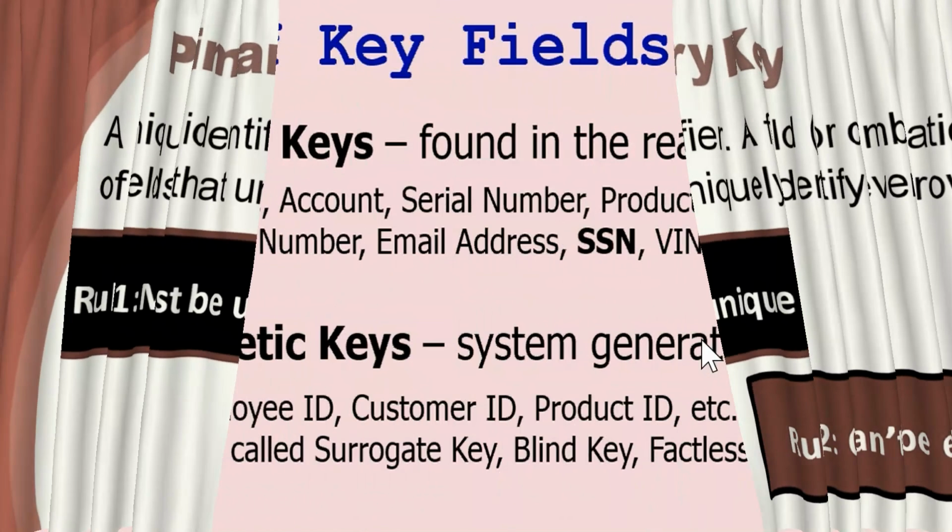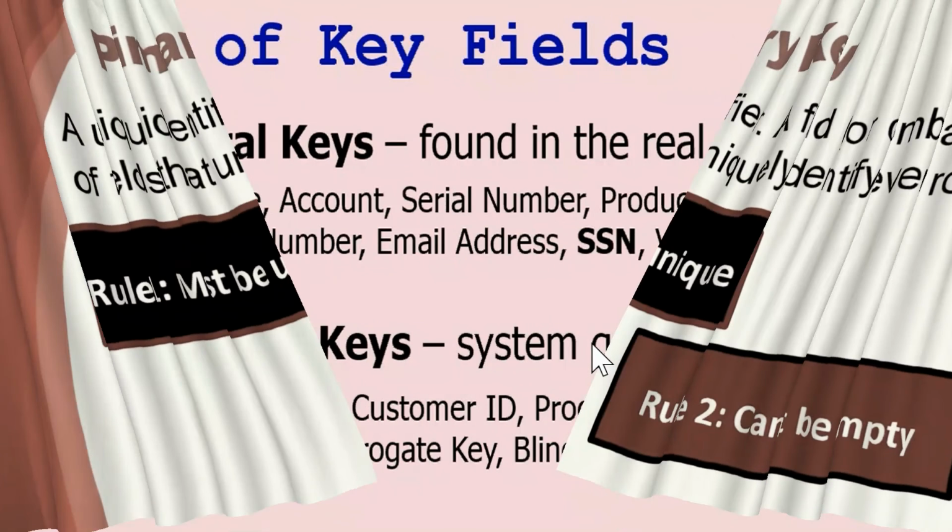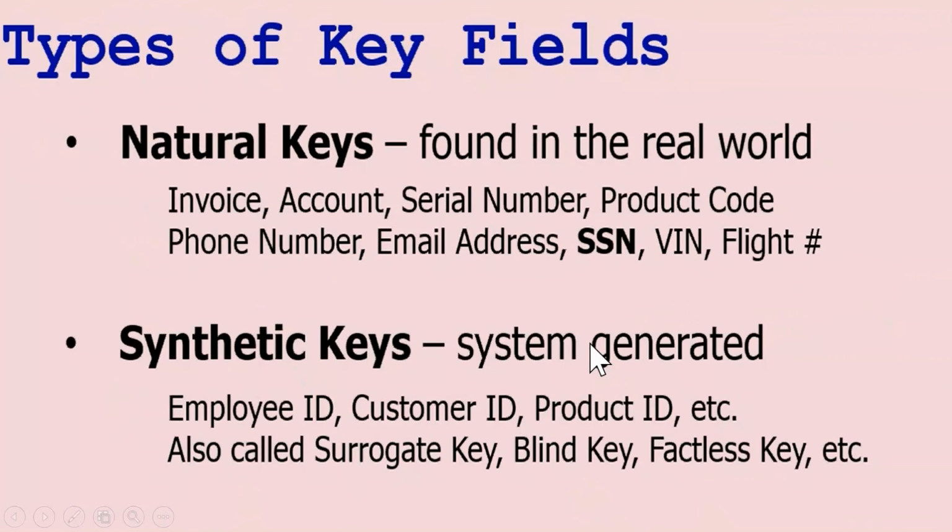Another key note you must know: we have different types of key. I've just talked about the primary key, but we have others called natural key. You can read this one and see.